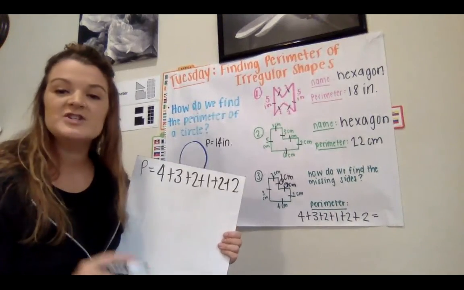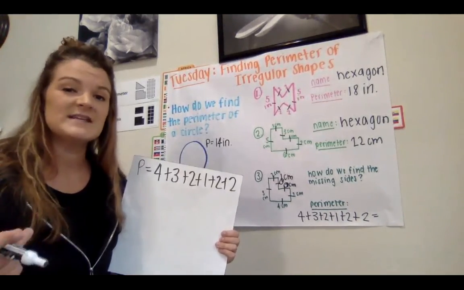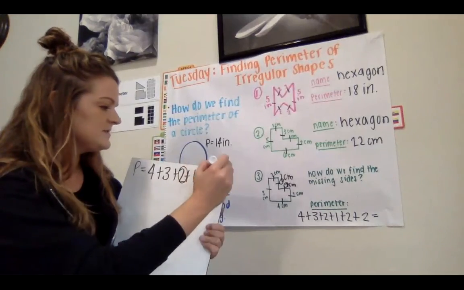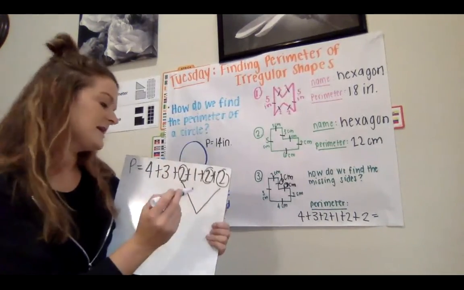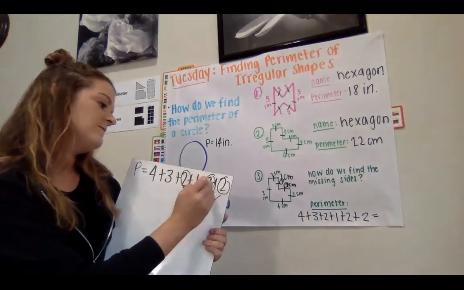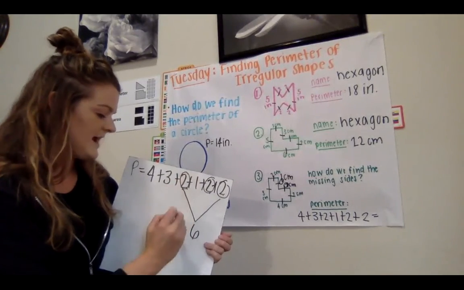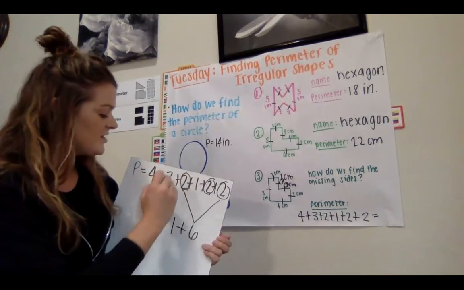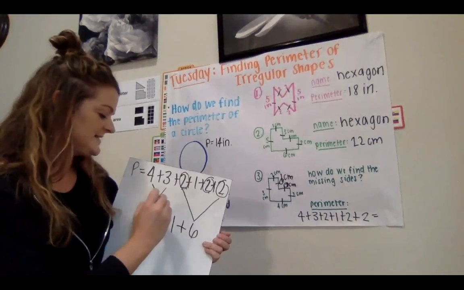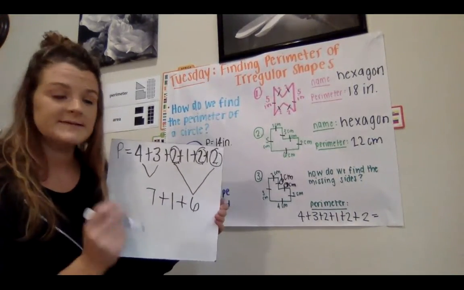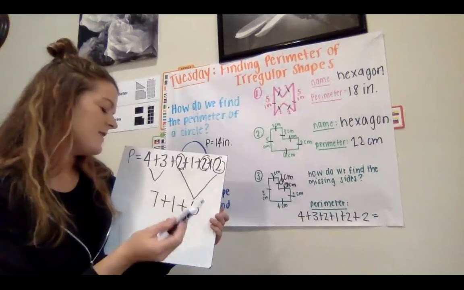Again, I like that strategy of putting all of my same numbers together so I can skip count them. So I'm going to take this 2, and this 2 and put them together. I know that makes 2, 4, 6. And I'm also going to bring down this 1 that I haven't used yet. And I know 4 plus 3, that makes 7. So now I need to add 7 plus 1 plus 6. 7 plus 1, I know that's 8.